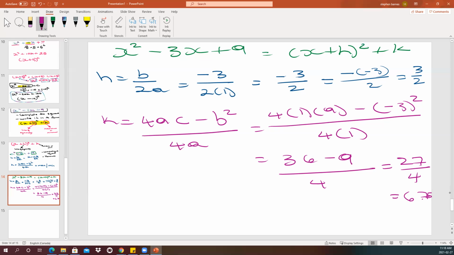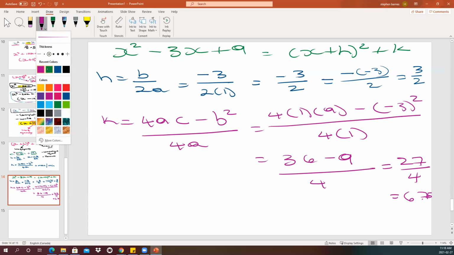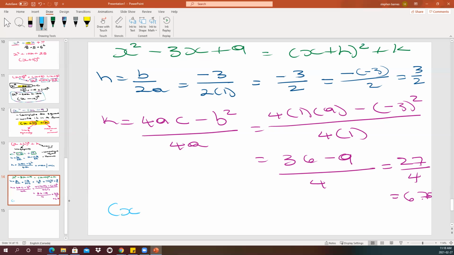So if we are writing this in the version (x plus h) squared plus k, we would rewrite it to say this would be our answer: x plus our h, which is 3 over 2, squared, plus k, which was 6 3/4.